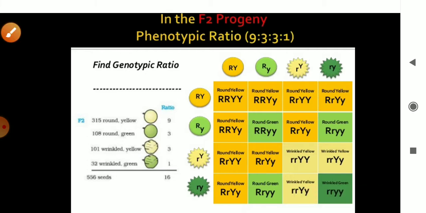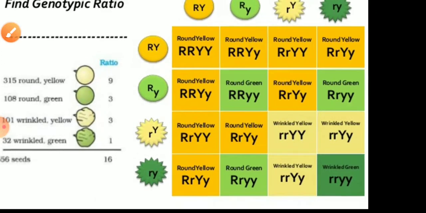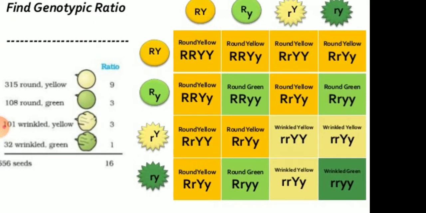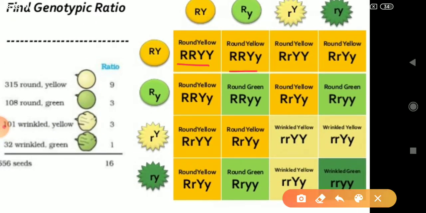And when we see their phenotypes, looking into the genetic makeup, you have got round and yellow traits. You also have got round and green traits, right? And then you've got wrinkled and yellow traits, and then wrinkled and green. When you count these, you get them in the ratio of 9 is to 3 is to 3 is to 1.